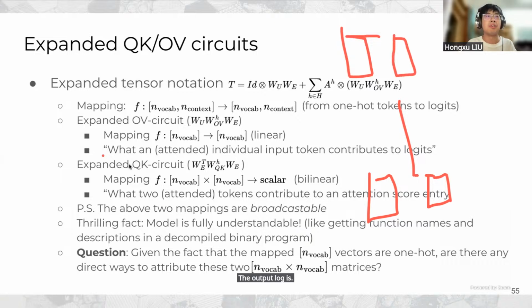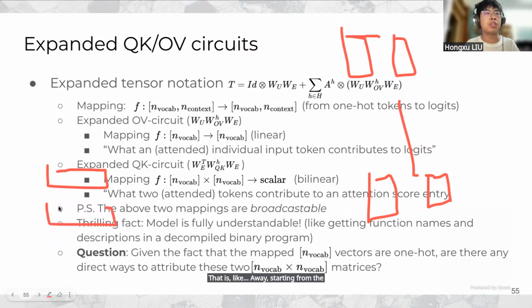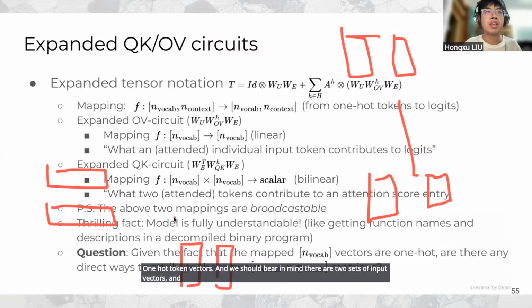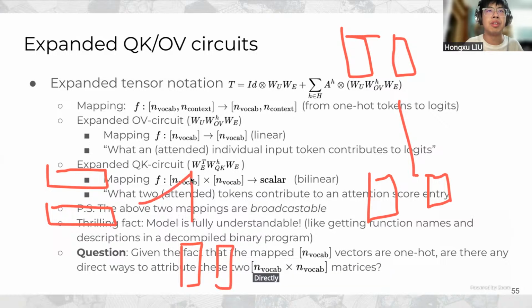And also the QK circuits, that is like a way starting from the input one hot token vectors, and we should bear in mind there are two sets of input vectors, all the way directly to the attention scores.